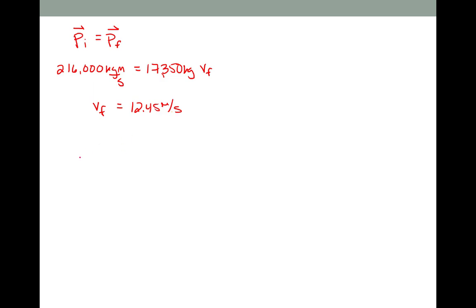The second part of this question asks, is energy conserved? Well, we're going into this knowing that it's not, but let's check it. How can we tell if energy is conserved? Well, we can calculate it.